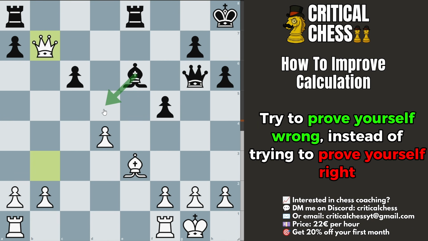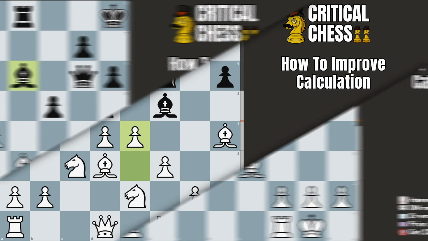Always look for the best resources for your opponent, the most sort of vicious resources, right? Because this bishop d5 is a very vicious move. You're just going for the king rather than going for the queen. You're actually sacrificing the pawn as black in order to go for a mating attack. So try to prove yourself wrong instead of being overly optimistic.